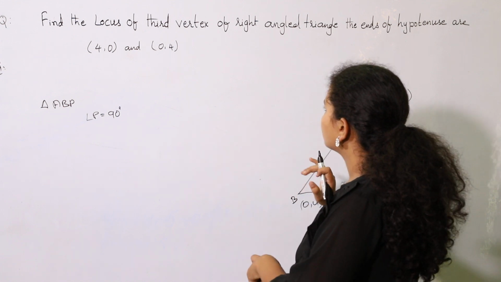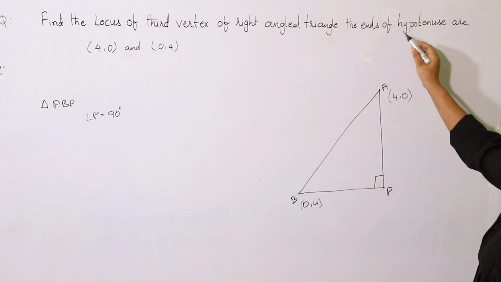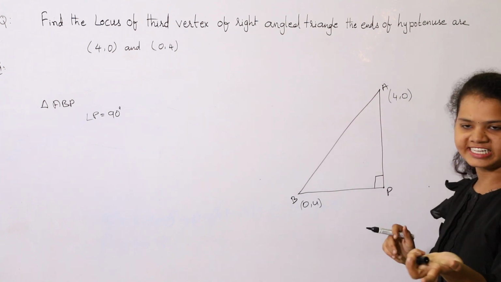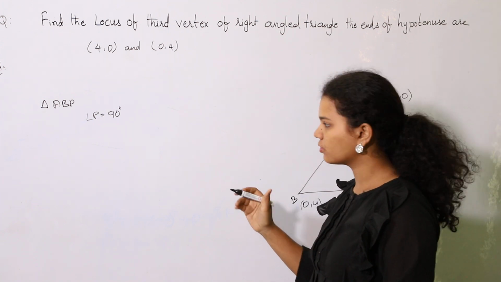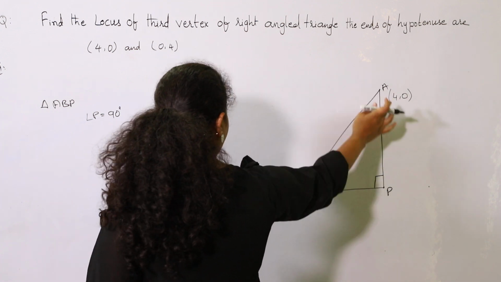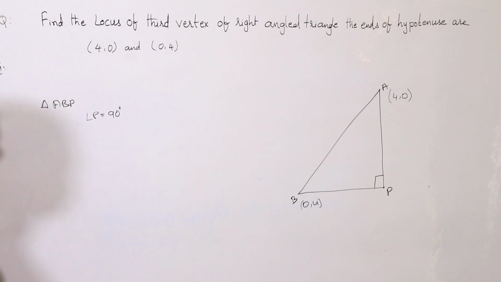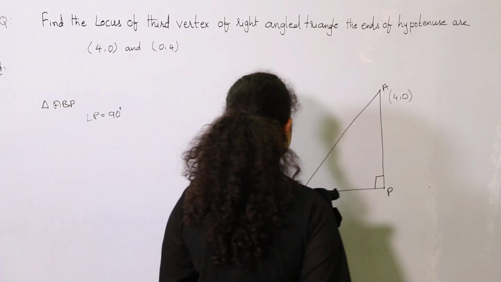Now, they have mentioned the hypotenuse. We know that side square plus side square is equal to hypotenuse square. Here the sides are AP, the first side, and BP, the second side.